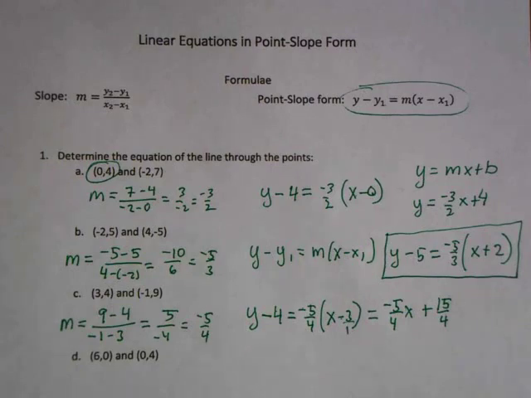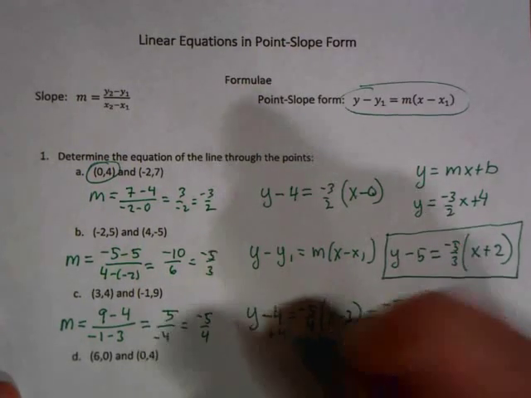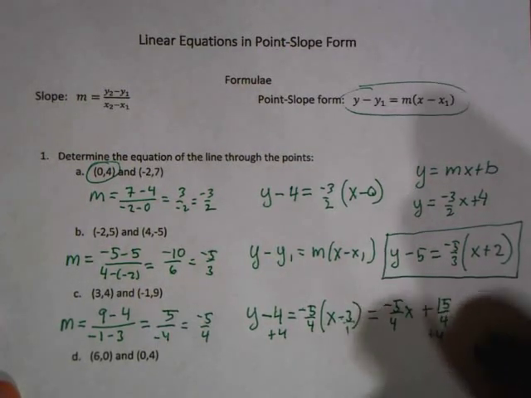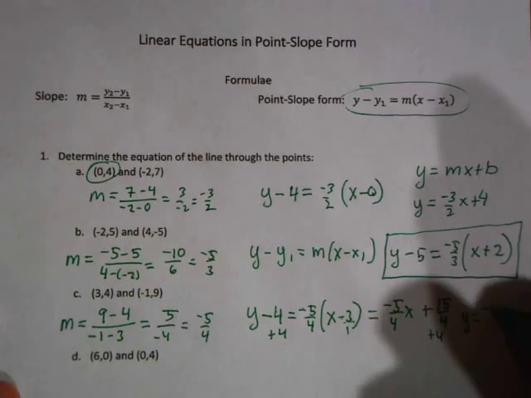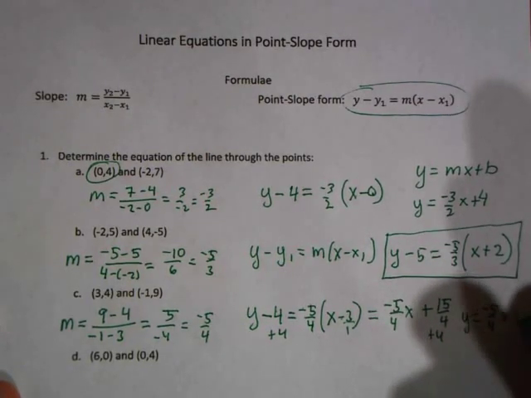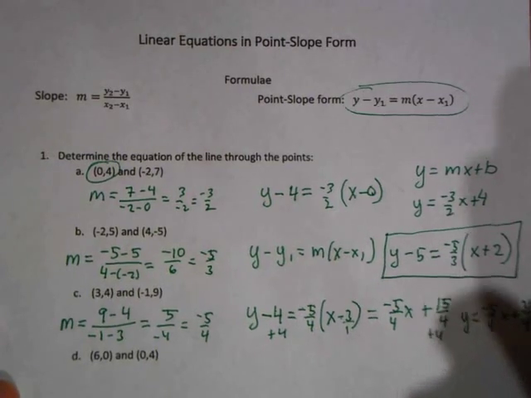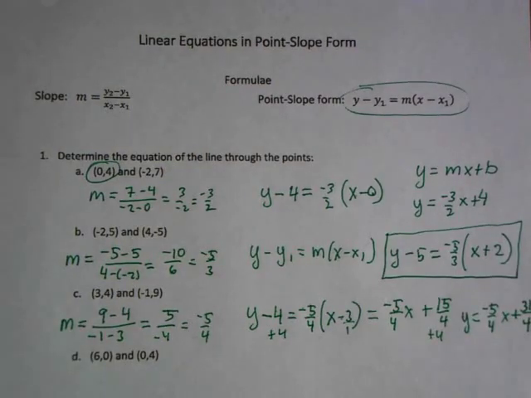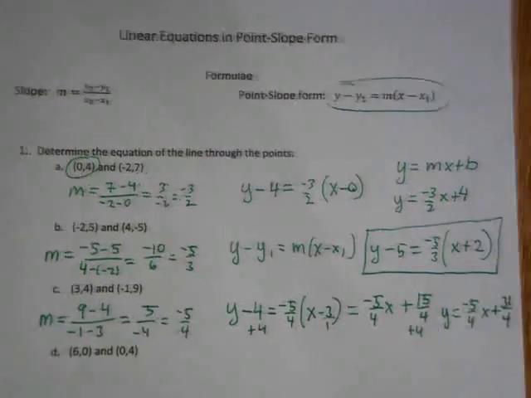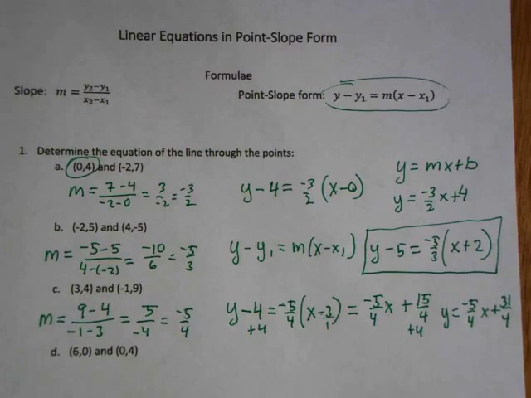And then we could add the 4 to both sides, and we get y equals minus 5/4 x plus 31/4. And if you go back and check, that's exactly the same answer we got last time.